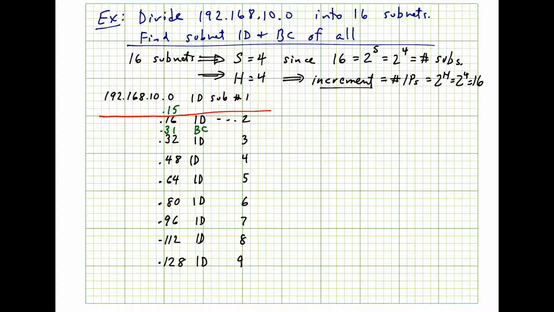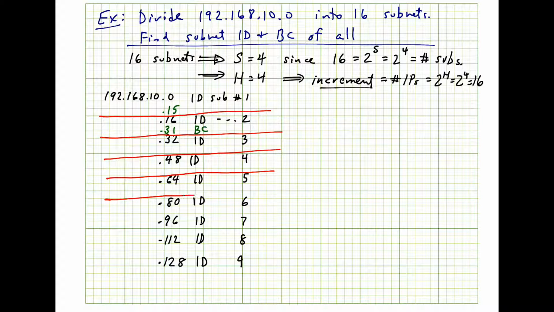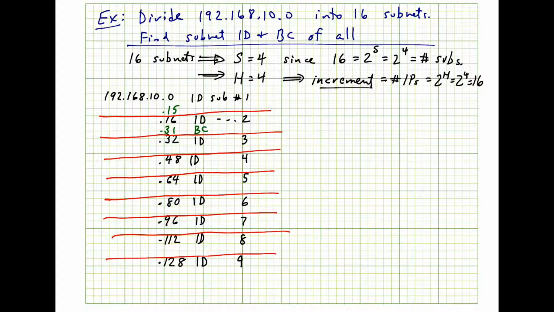See if I can fit it all in here. I'll draw a red line right above all of our subnet IDs so we have room for a broadcast address right underneath the ID. I know it's kind of tight here. Okay. And I'll draw the broadcast addresses in green.